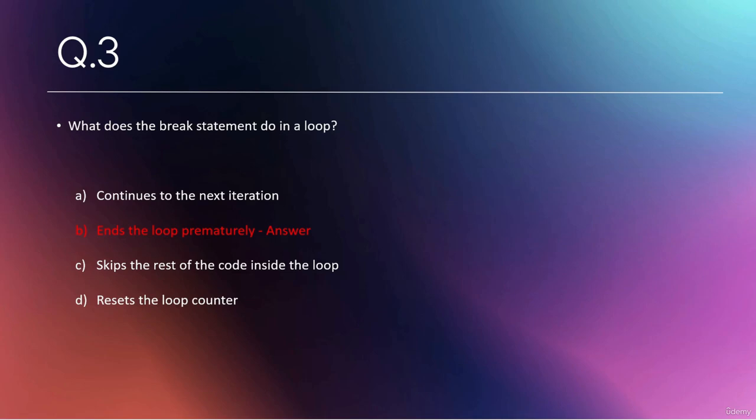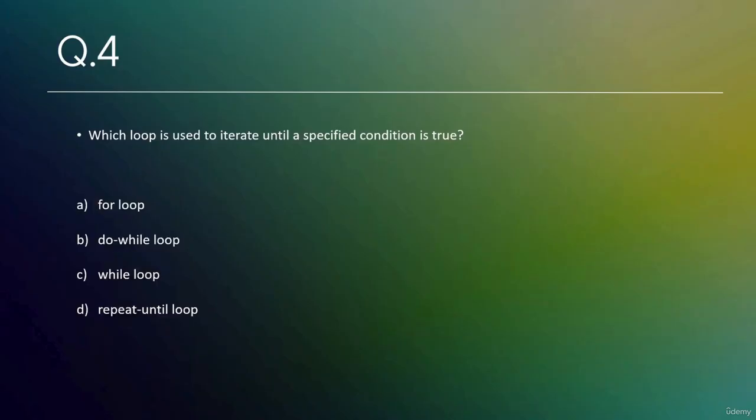So moving on, we have which loop is used to iterate until a specified condition is true. So we learned about different loops. So there are 4 options. If you go over this, you will get to the answer. So if we see the answer for this one, the correct answer is while loop.